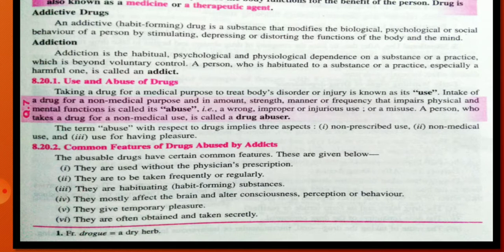The term abuse with respect to drugs implies three aspects: non-prescribed use, non-medical use, and use for having pleasure. So abuse depends upon the use, and it is categorized into three types.